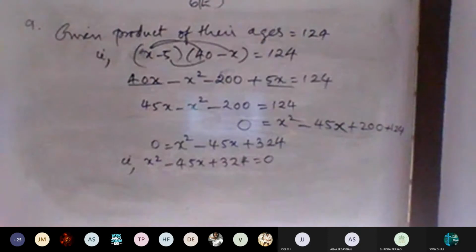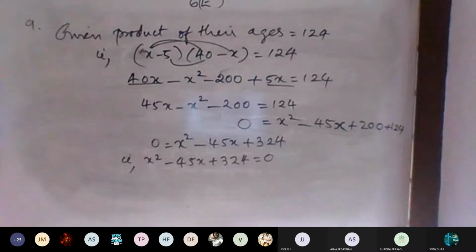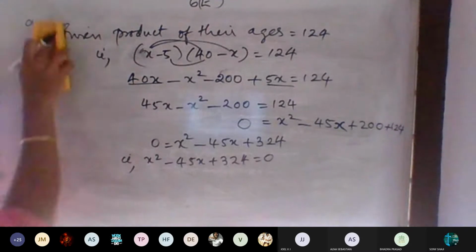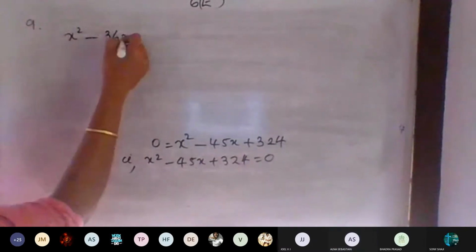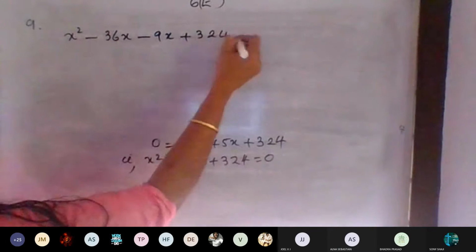Factors of 324 that add up to negative 45: minus 36 and minus 9. X square minus 36x minus 9x plus 324 is equal to 0.